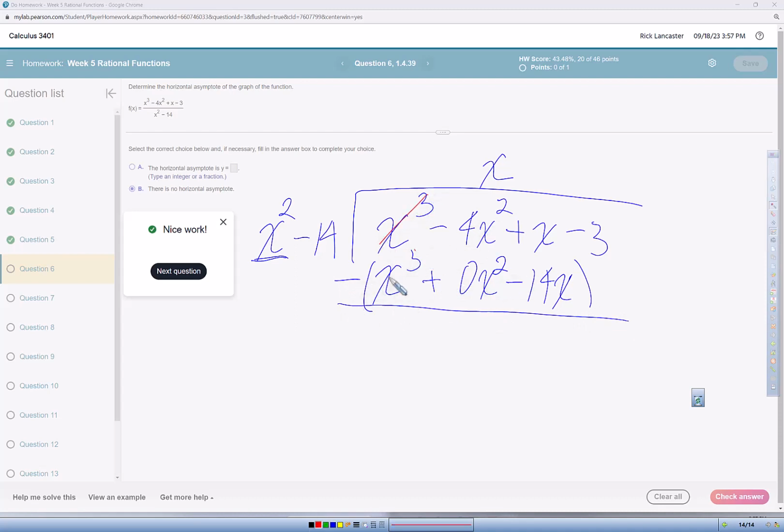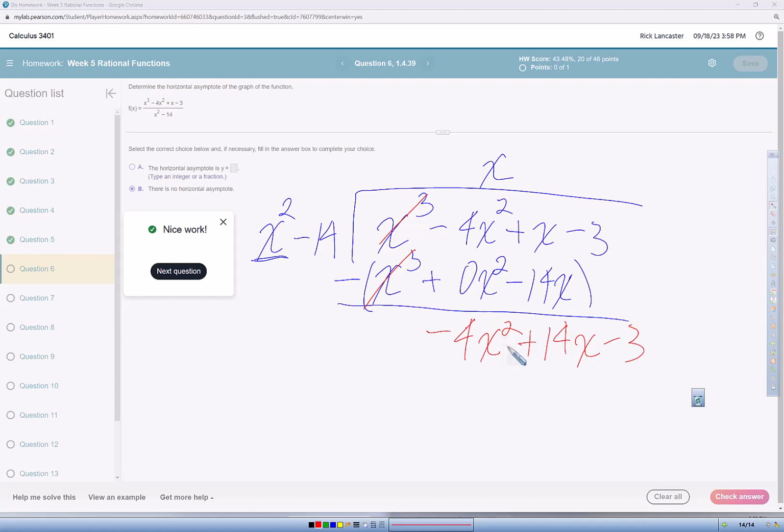So x cubed minus x cubed cancels to 0, and this is negative 4x squared. And then this is positive x, and then that's minus a minus 14x, so plus 14x, then minus 3 if you want to carry it forward.